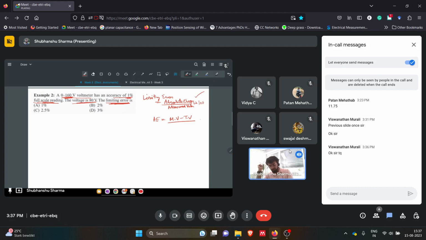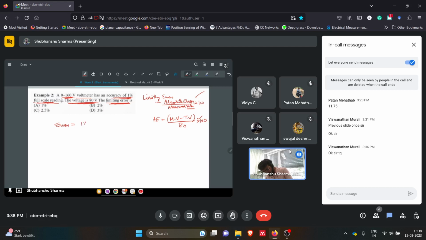So first calculate the absolute error. You have the measurement value, that is 80 in this case, because we are measuring 80 volts. Now what will be the absolute error? See, if we talk about error, it will always be 1% of full scale.